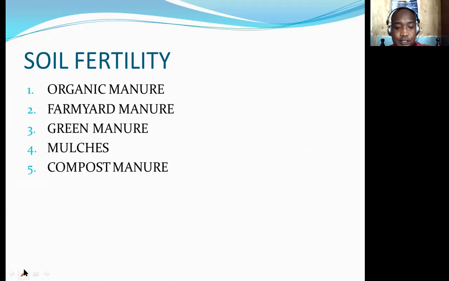Lastly is compost manure. Compost manure is made from decayed plant remains and animal wastes such as cow dung and food leftovers, among others.